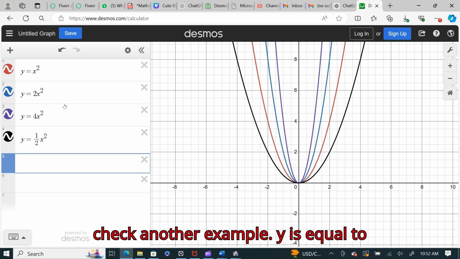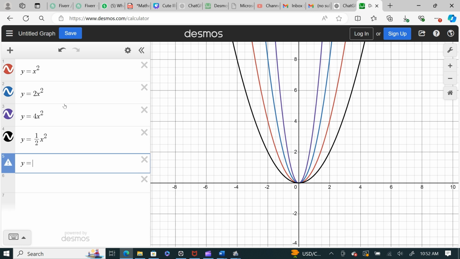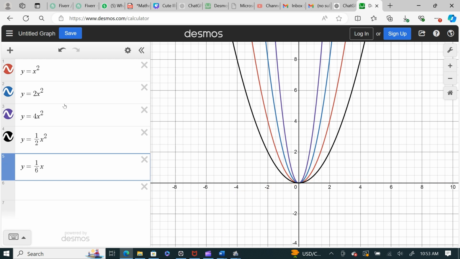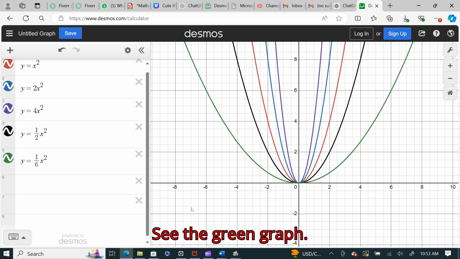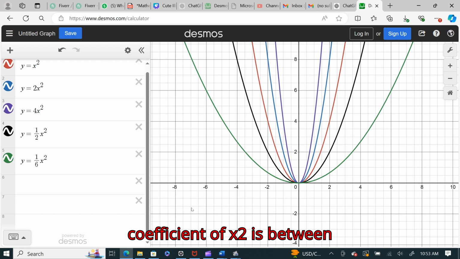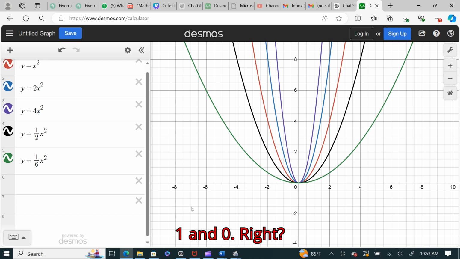Let's check an example. y is equal to 1/6 of x square. See the green graph, it's vertically compressed. Why? The coefficient of x square is between 1 and 0, right?